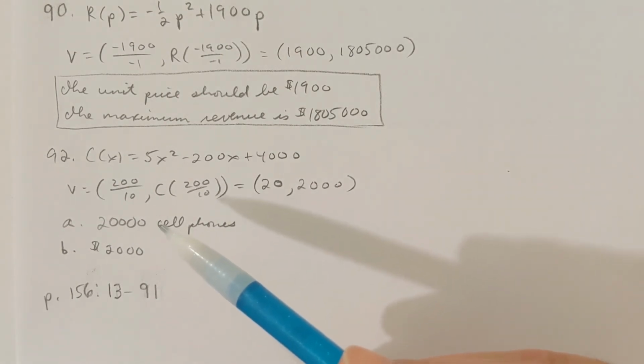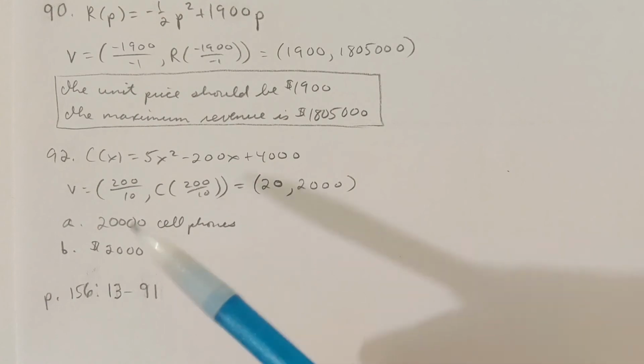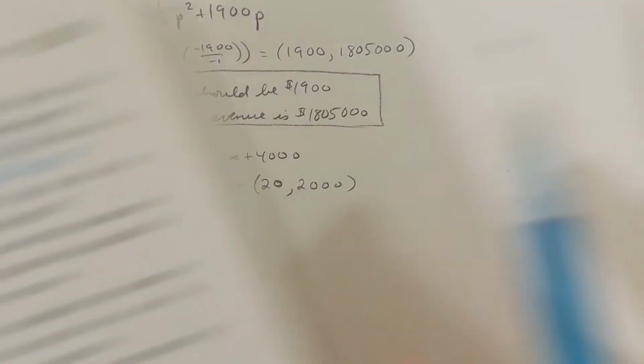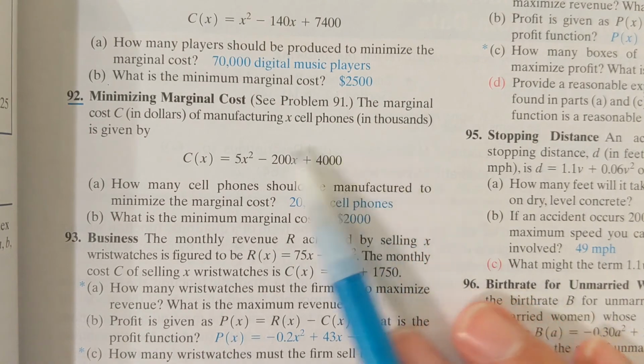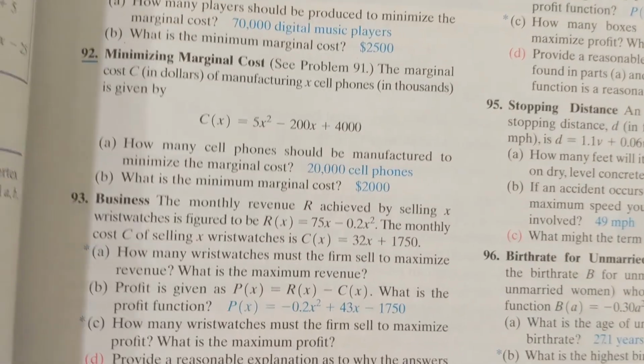The marginal cost in dollars in x cell phones in thousands is given by this function.